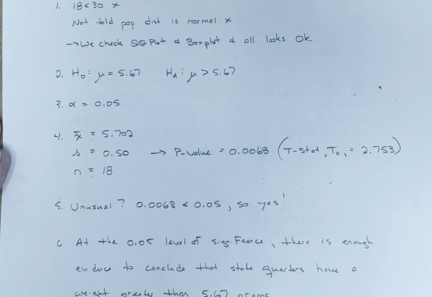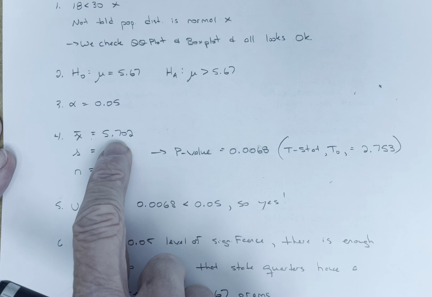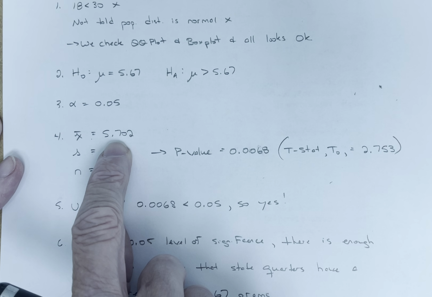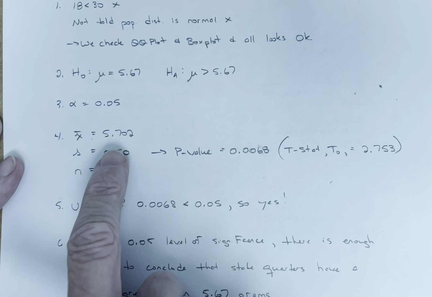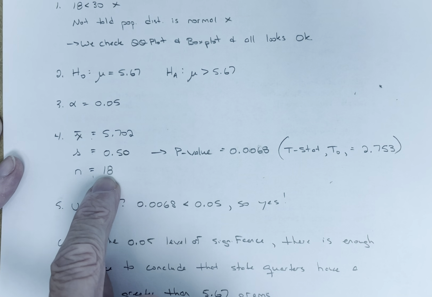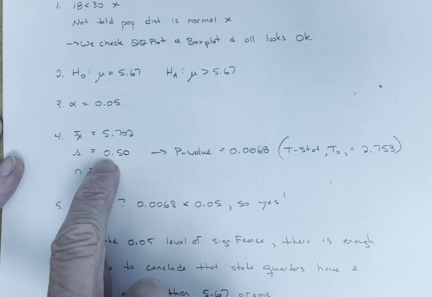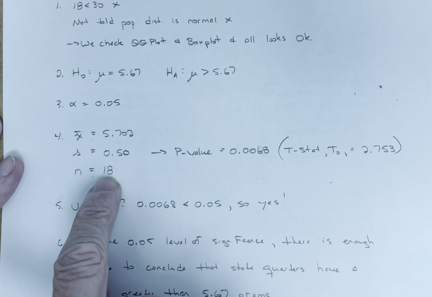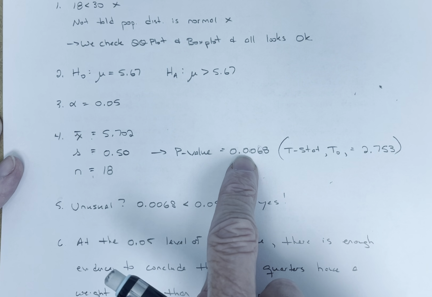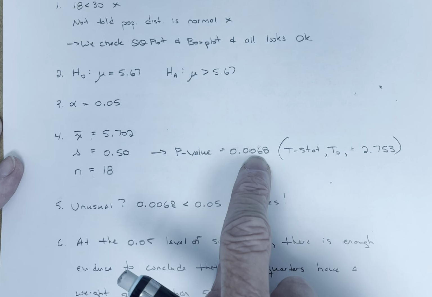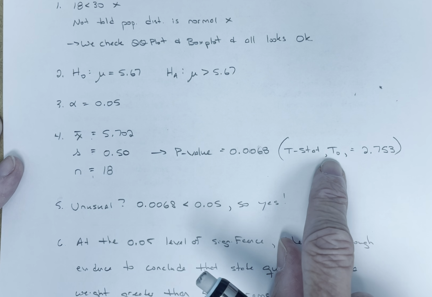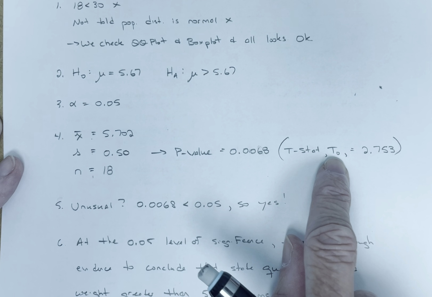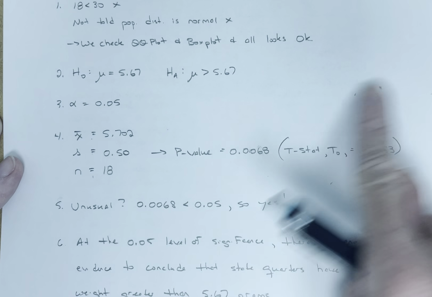We went into StatCrunch. Our data was raw, so we had to put it into StatCrunch, and it will calculate this stuff for us. I did that using summary stats. Once the data went in, I went to t-stats and came up with a p-value of 0.0068. We noted the t-stat, which is t sub 0 for the t-chart, was 2.753.